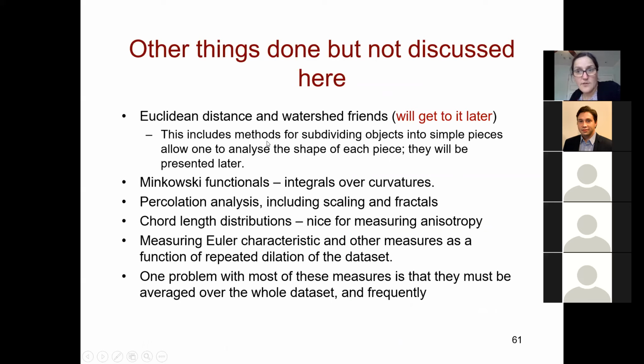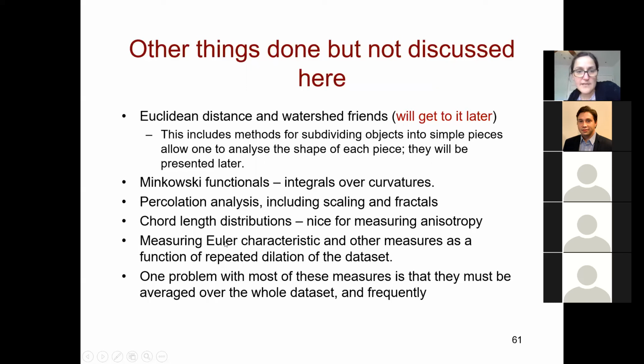One thing that we are going to spend a little more time on is Euclidean distance and Watershed, because those are very useful morphological operations. Minkowski functionals are becoming increasingly popular to analyze and characterize pore structures in general.